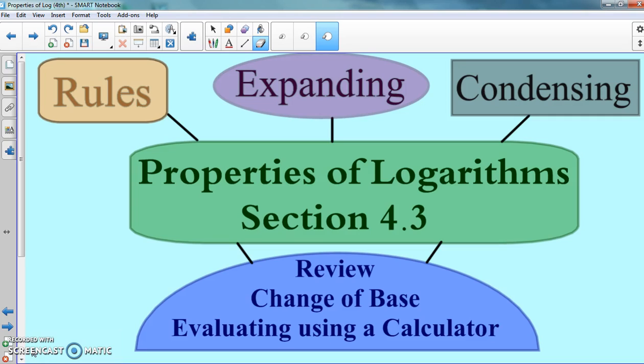So with this, before we even move on into the expanding and condensing and the rules, for this lesson, this is kind of what happens all the time. Either people can expand the logs really well, and they can't really do the condensing that well, or they can condense it really well and can't expand. There are a few people that can't do either.